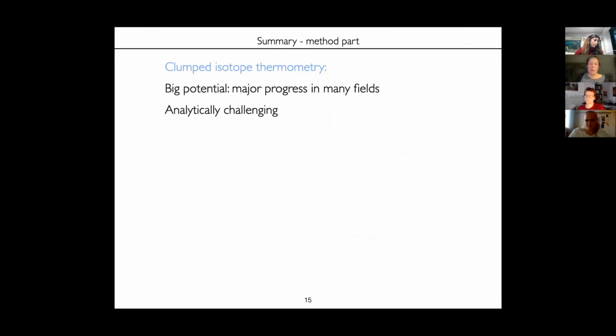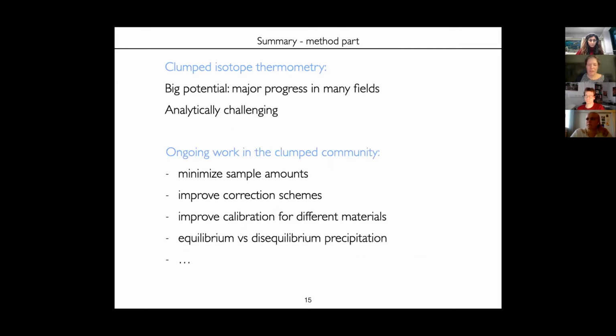So just to sum up the method part, clumped isotope thermometry has really big potential in many fields of earth science, because we are not limited anymore by having to know the isotopic composition of water for deriving temperatures. But it's a method that is analytically challenging and takes a lot of time. And the ongoing work in the community is still to minimize sample amounts, improve correction schemes.